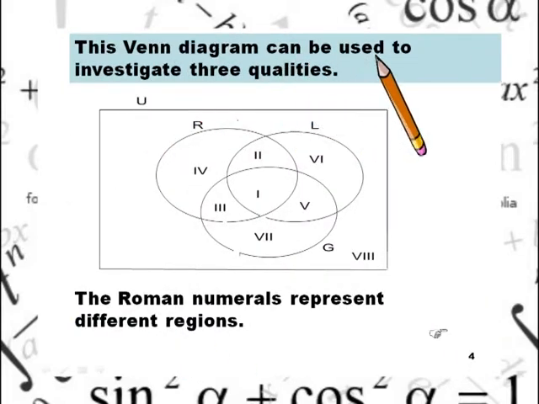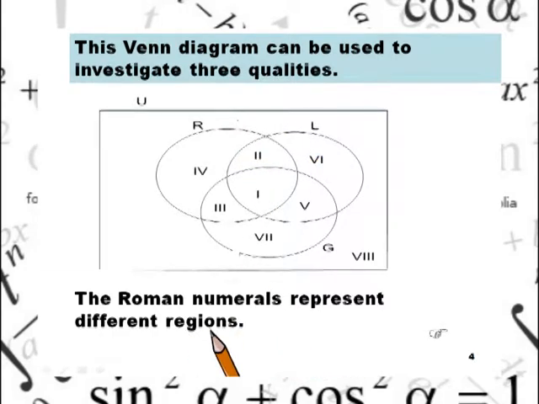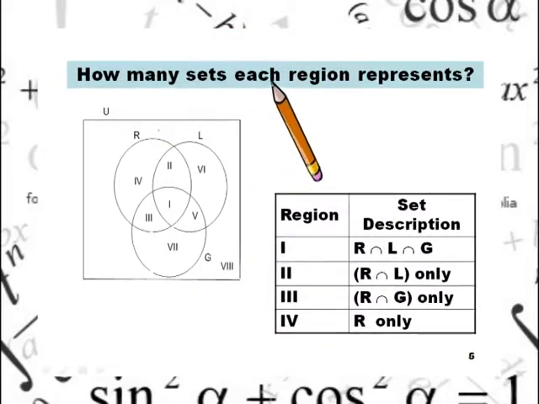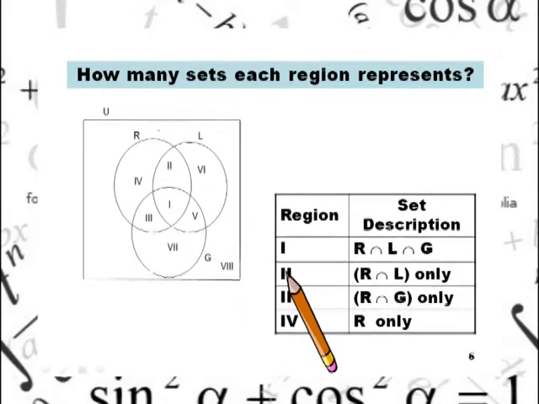This Venn diagram can be used to investigate 3 qualities. The Roman numerals represent different regions. How many sets does each region represent? Region 1. Set description: R intersect L intersect G. Region 2. R intersect L only. Region 3.